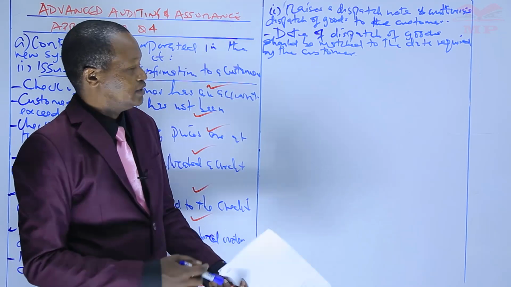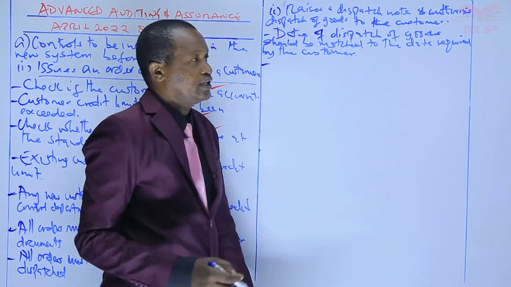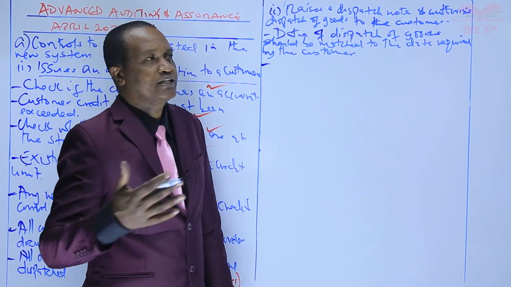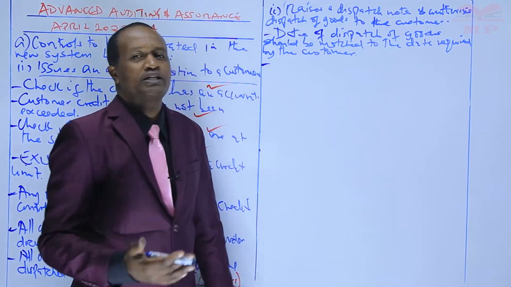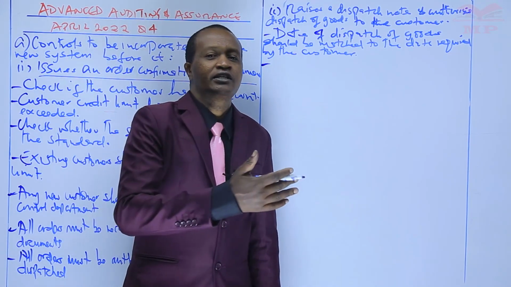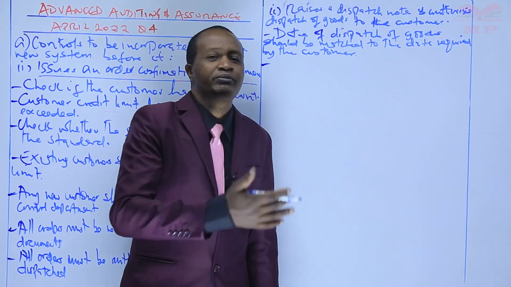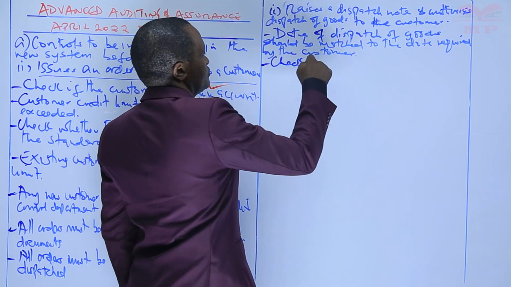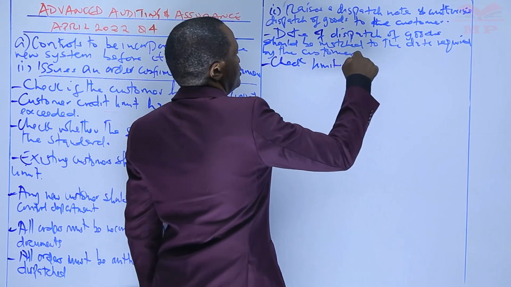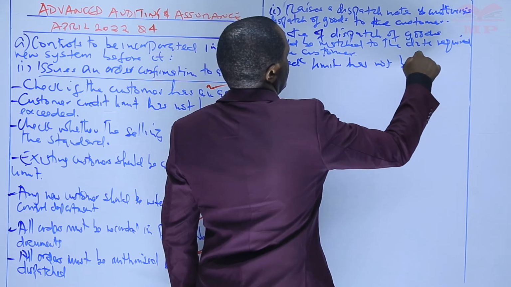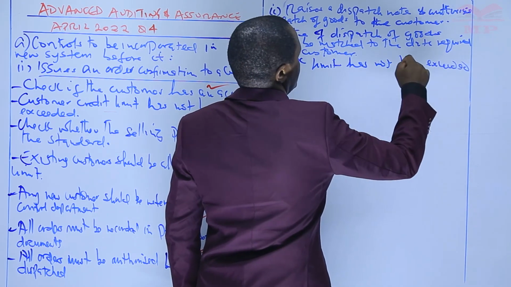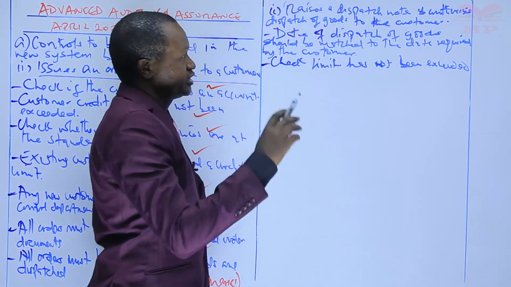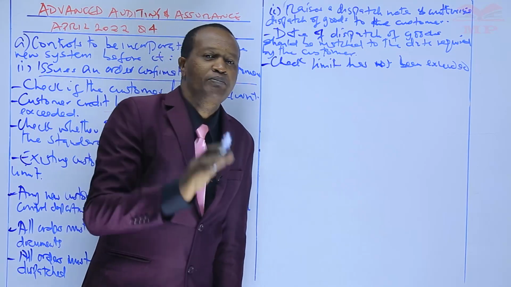Then the second control here is to check customer limit. Check that the customer limit has not been exceeded and that the sale will not result in the limit being exceeded. Confirm the limit before dispatch.